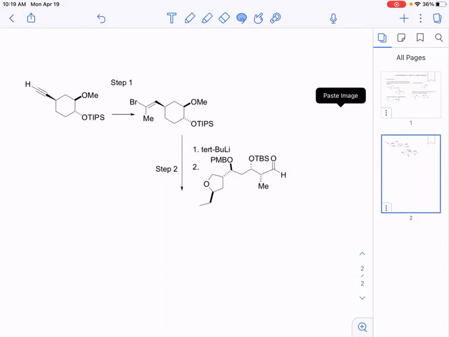So if you jog your memory back, what method can you think of where we could possibly pull this off, starting with that alkyne? I'm thinking of it now. It was something that we talked about when we were talking about alkenes, and in that last section, when we started talking about alkynes. I think there's a method that we talked about where you could pull this off in one step.